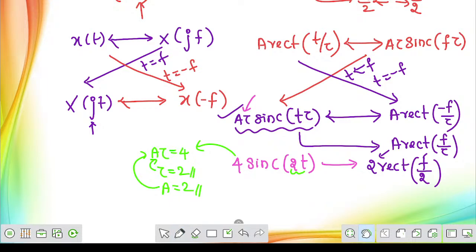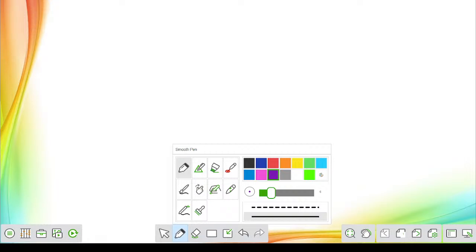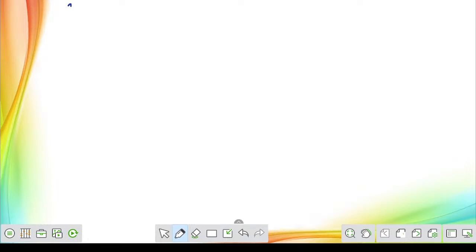Okay, let's discuss another most important property, that is convolution. Let me write down the convolution in time domain. First, let us discuss the convolution property in time domain. So what is the meaning of convolution, sir? Two signals will be overlapping each other.